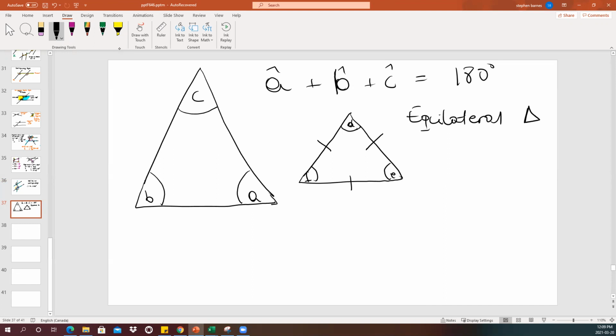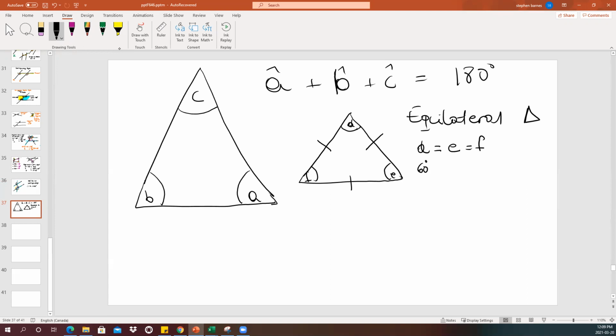And so what that means is that all the sides are equal, all the angles are equal. So it means that angle D equals angle E equals angle F. They are all equal. So in an equilateral triangle, because all angles are equal and all angles in a triangle sum to 180, each angle is 60 degrees.